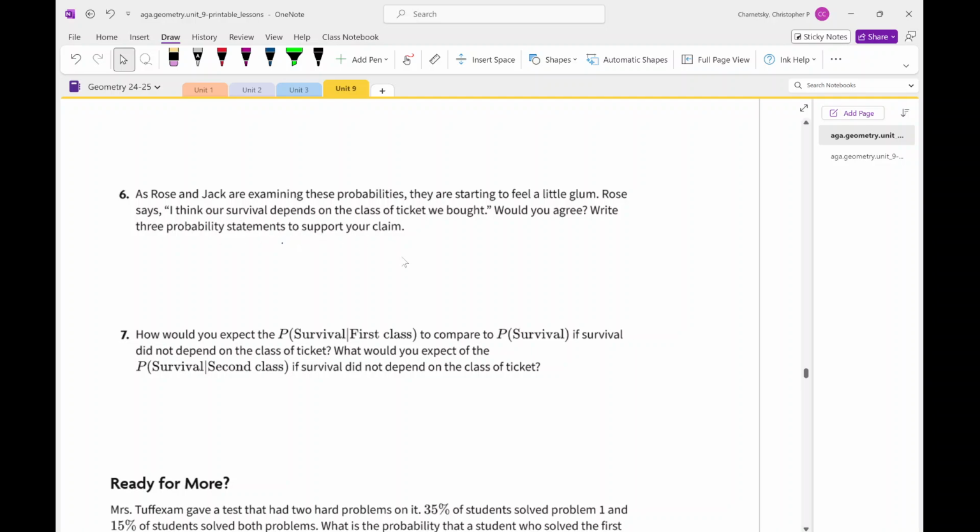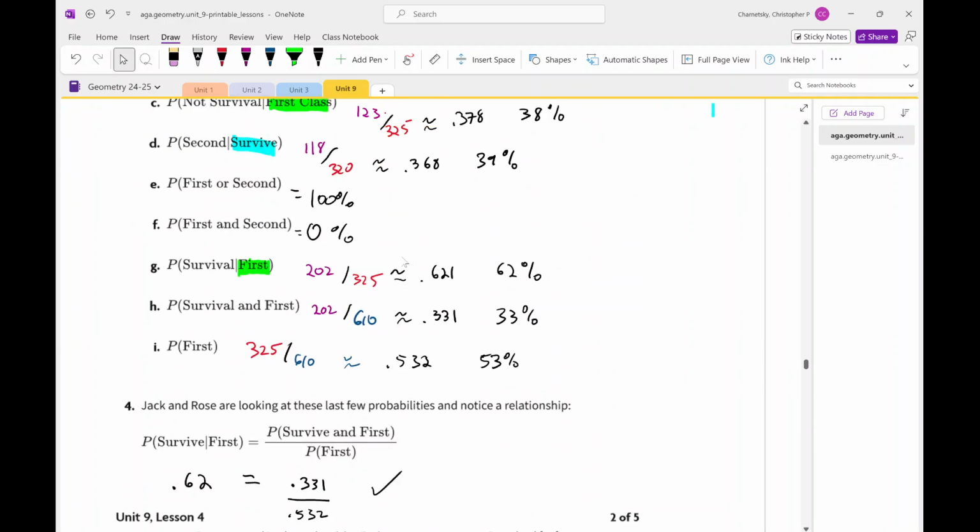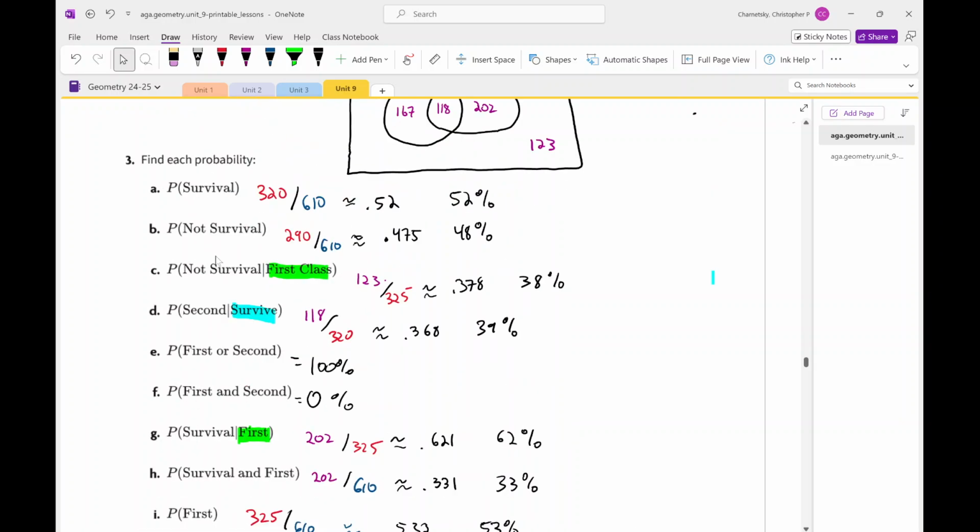So what I might consider is looking at the probability of surviving given the different classes. So we already have some of those. What's the probability of survival being in first class? So we know it's 62%.